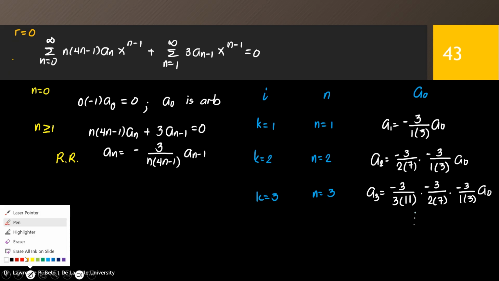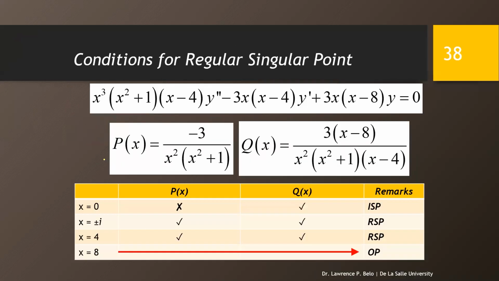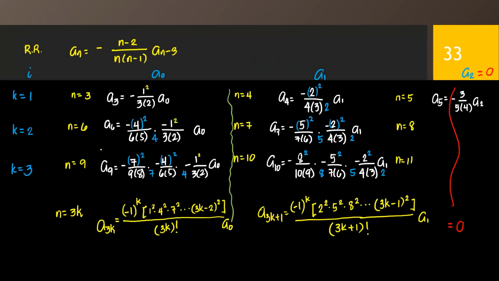So if I am to write the general term, first, the relationship between n and k: n is equal to k. So that means this one is simply a sub n. There's no need to write k anymore, because I only wrote k here as an example since this one has more than one term.